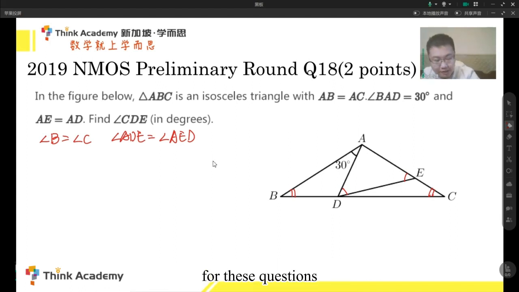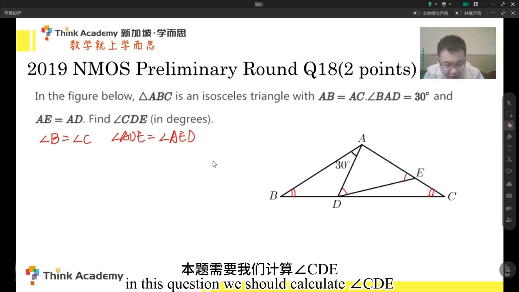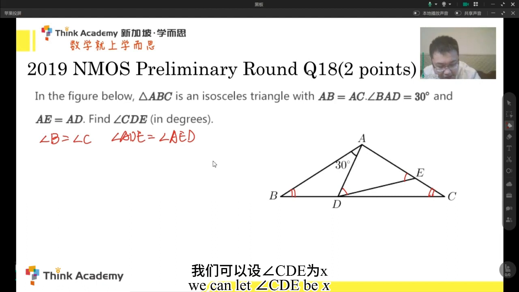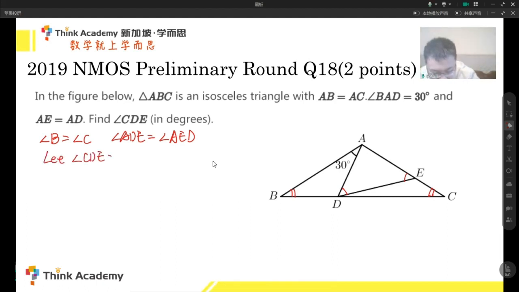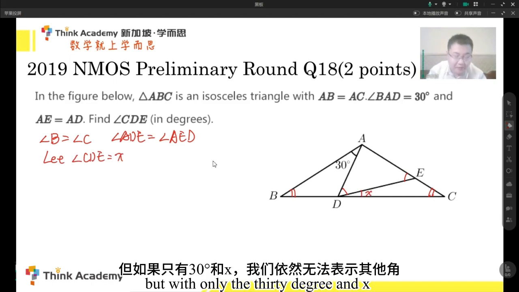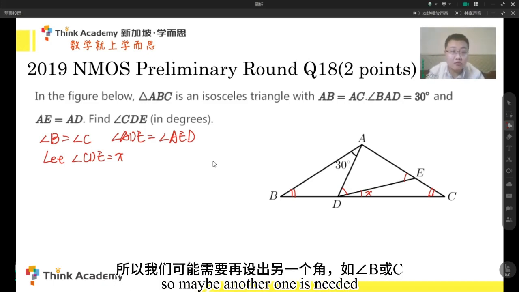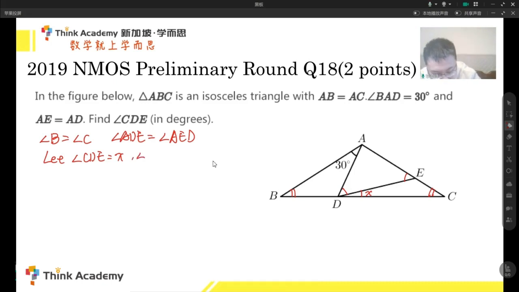For example, for this question, we should calculate the angle CDE, so we can let the angle CDE be x. But if it's only the 30 degrees and x, we cannot calculate all the other angles, so maybe another one is needed. The other one, maybe the angle B or angle C, maybe angle C here.